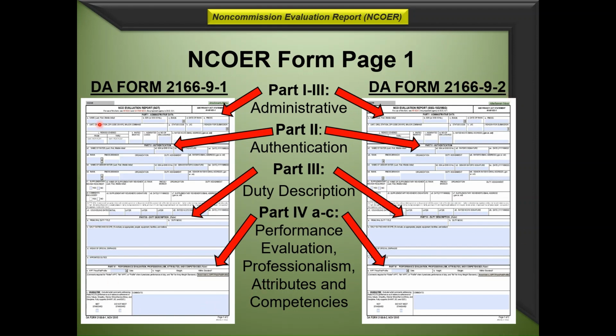And this one is just for E5s. There are a lot of similarities, but also some key differences. The first portions of this NCOER that we're going to cover will all be the same, and then I will point out the differences as we come to them.